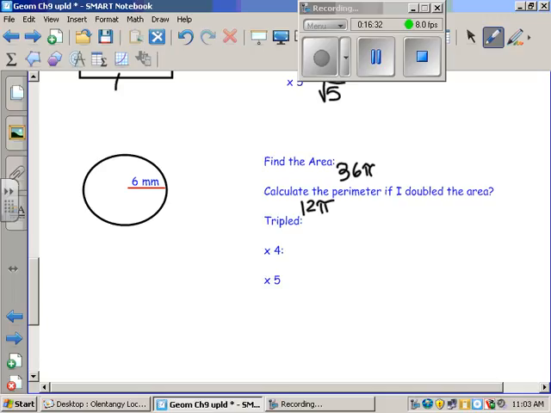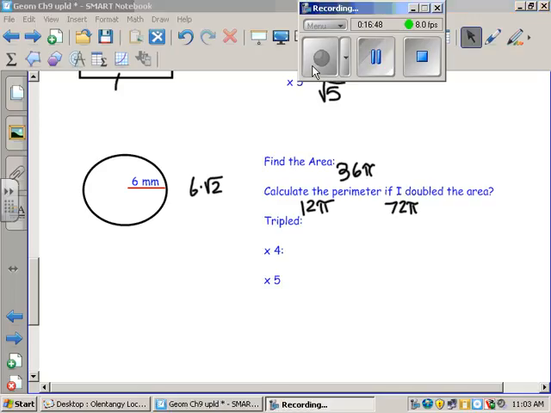So you made this 72 pi. That means the radius is going to change by the square root of 2. So you do 6 times the square root of 2, which rounded is 8.49.